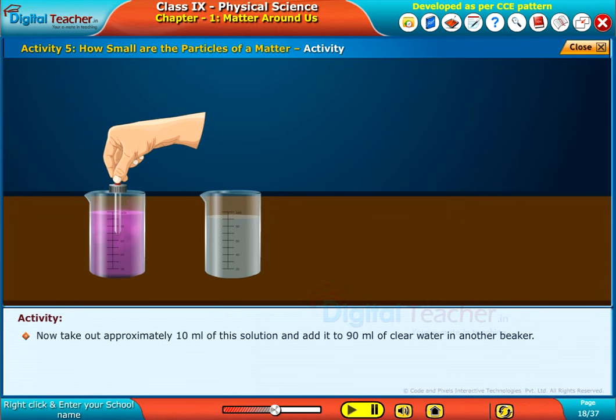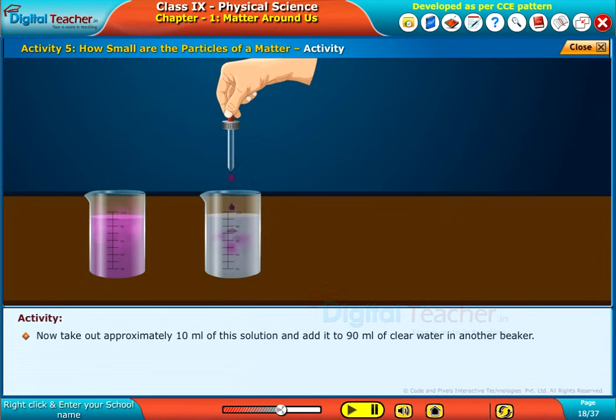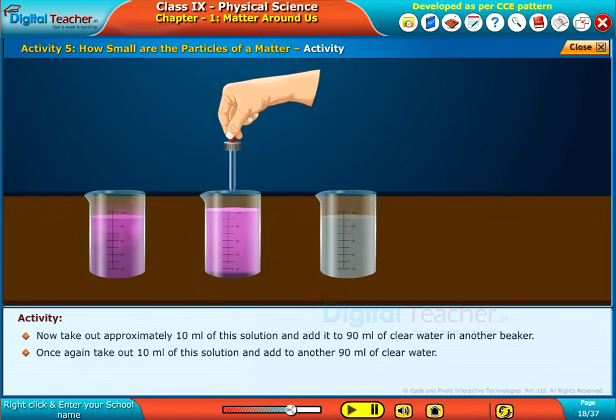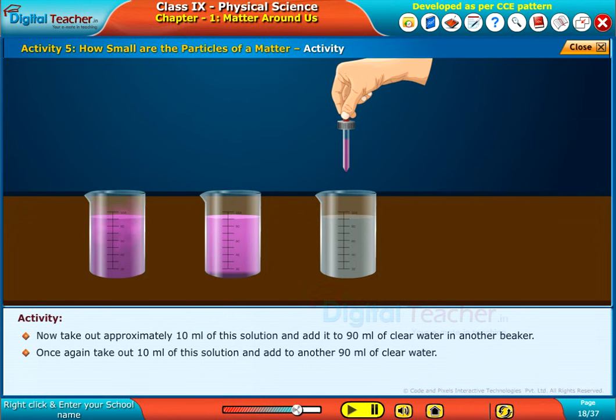Now, take out approximately 10 ml of this solution and add it to 90 ml of clear water in another beaker. Once again, take out 10 ml of this solution and add to another 90 ml of clear water.